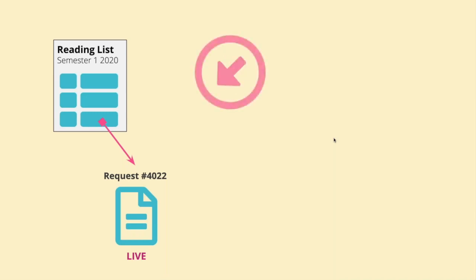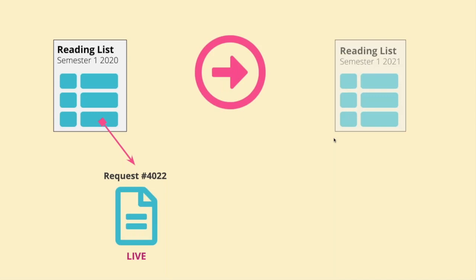I've rolled over reading list semester 1 2020 into semester 1 2021. And the benefit of the rollover process in reading lists is that it copies across any associations to any live digitisations. So this 4022 is still live, and it will be visible on both the 2020 list and the 2021 list.